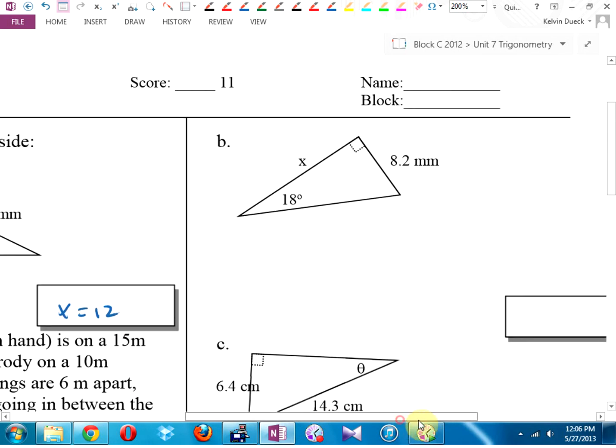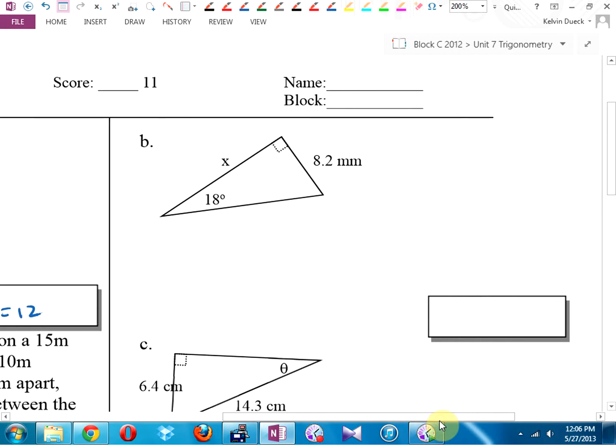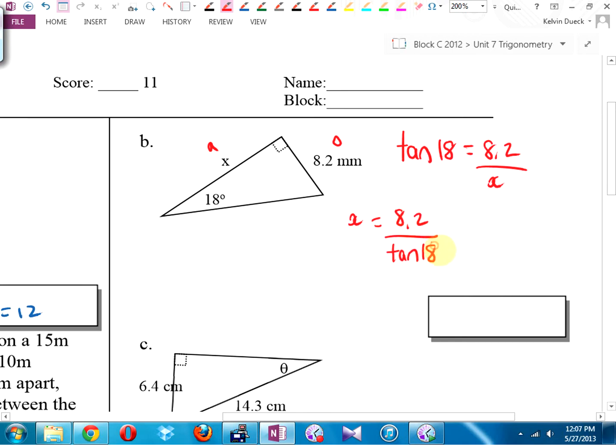B. Opposite, adjacent, tan of the angle equals 8.2 over x.